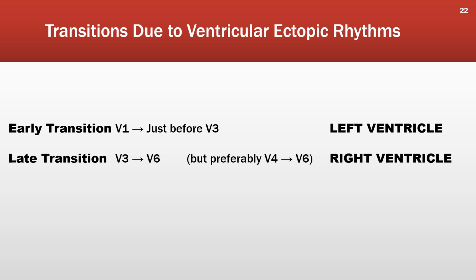Now, for a late transition, it will appear from V3 through V6, preferably V4 through V6, because that helps us avoid the issue of the precordial transition being between V3 and V4.